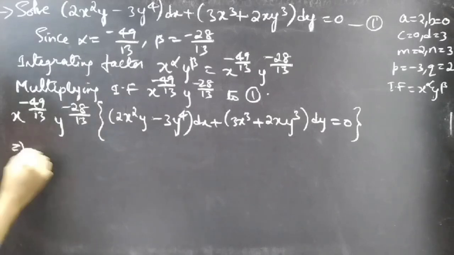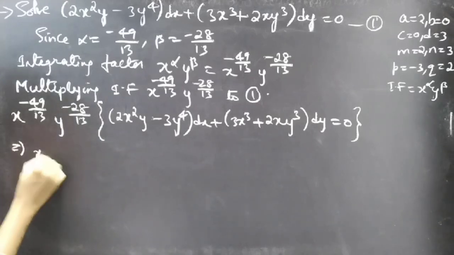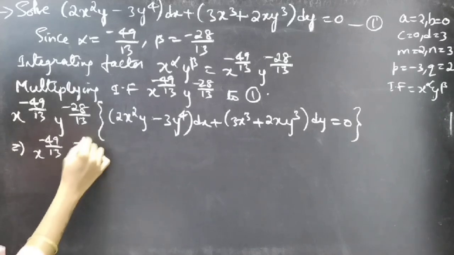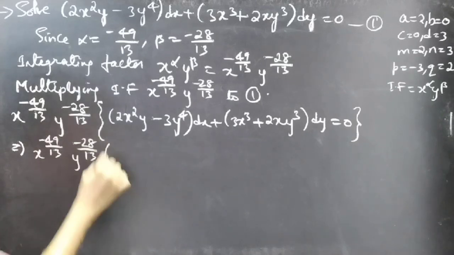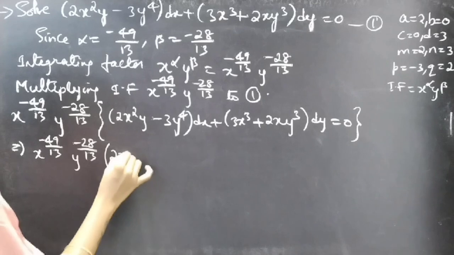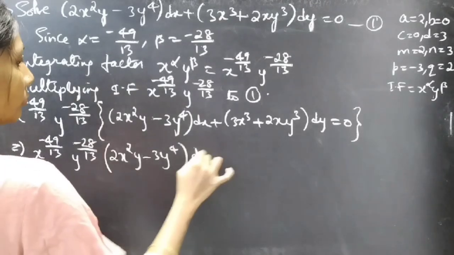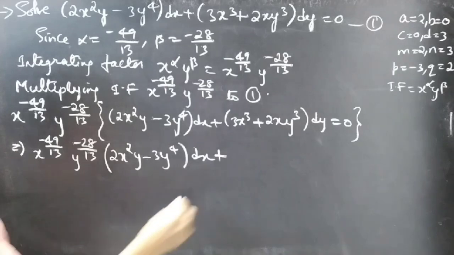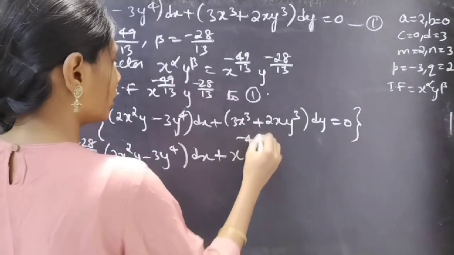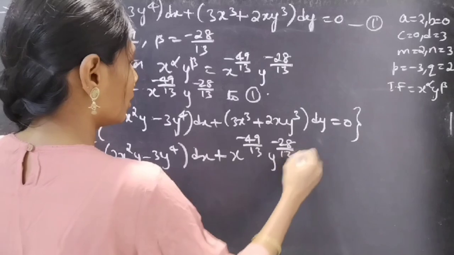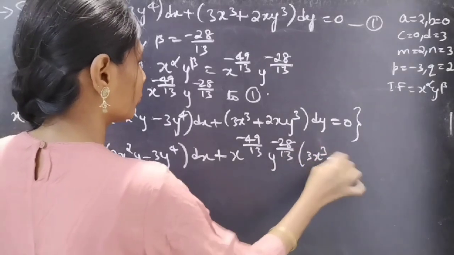This gives us x power minus 49 by 13 into y power minus 28 by 13 into the first term of dx plus x power minus 49 by 13 into y power minus 28 by 13 into the second term.